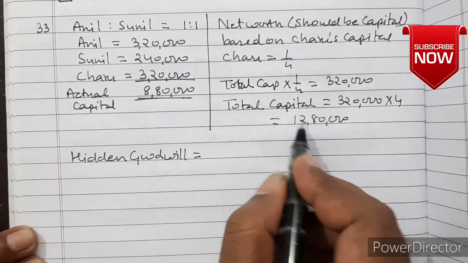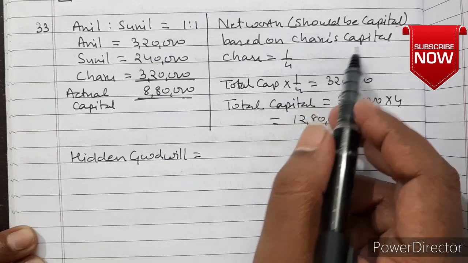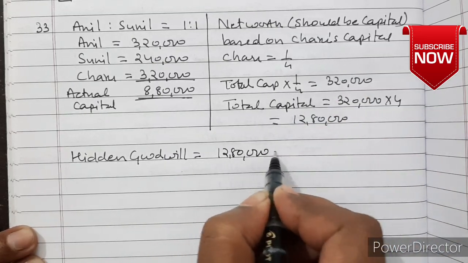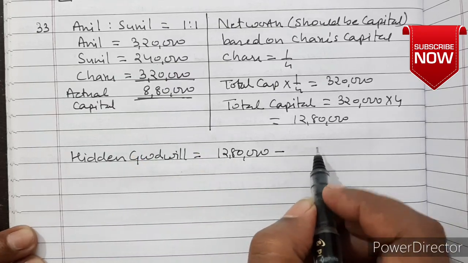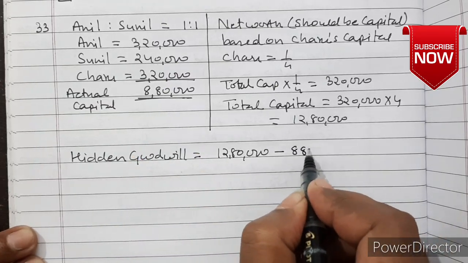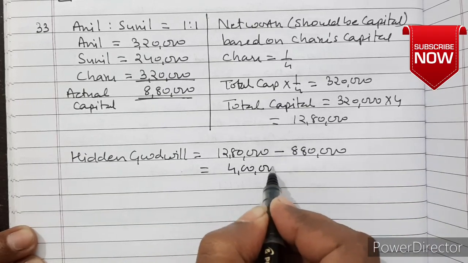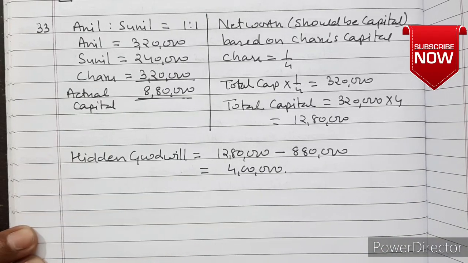So hidden goodwill is equal to net worth based on Charu's capital, 12,80,000, minus actual net worth, 8,80,000. That is equal to rupees 4 lakh. Now we will show the journal entry for the treatment of goodwill.